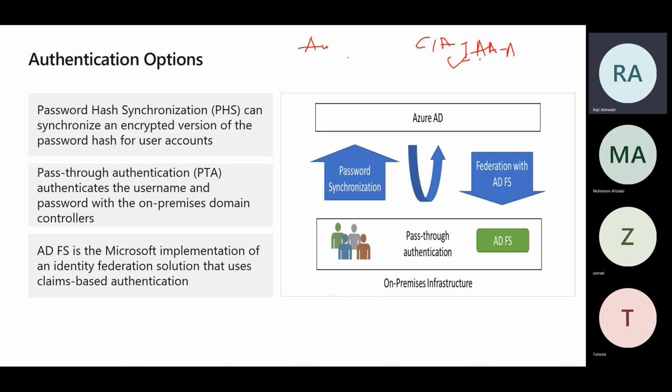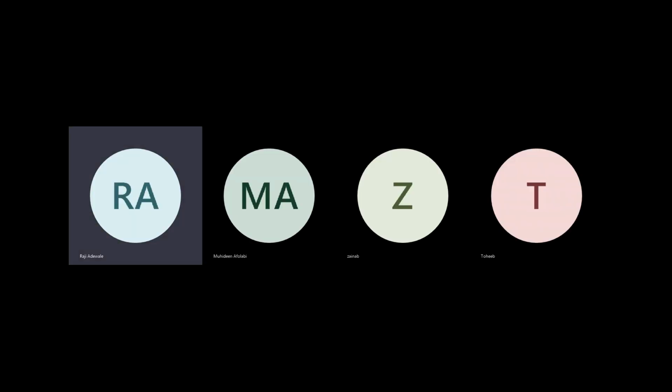So the question would always be, where will my identity lie, and who does my authentication? Identity in this case are your objects, what identifies your object, either devices or users. I myself as a user have an identity.